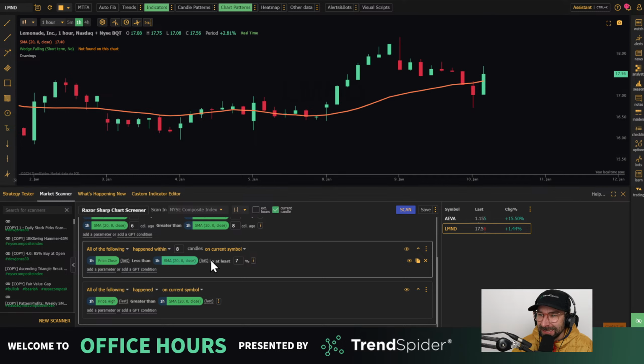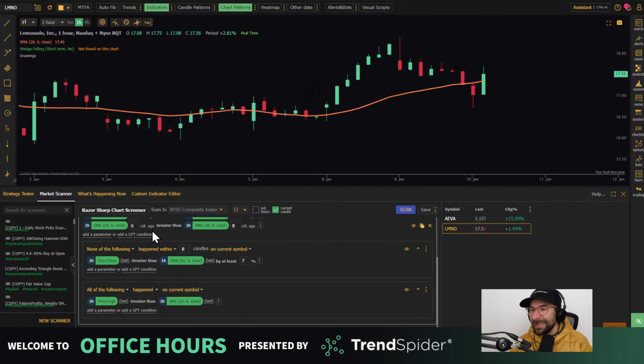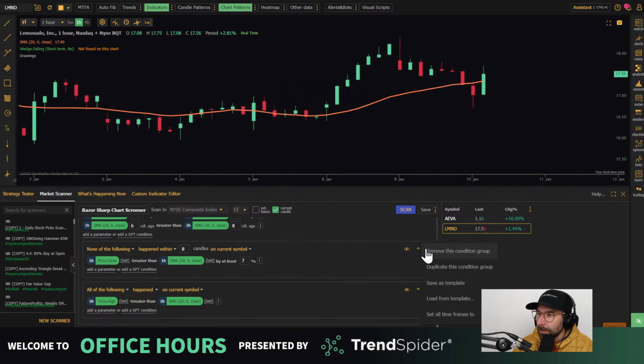So price close less than, greater than, by at least 7%. And you could say none of it happened. Like it never closed greater than 7% above the SMA over the past X candles. You can define how far price got extended from that SMA if you want to. Whether or not that's necessary, I don't know.